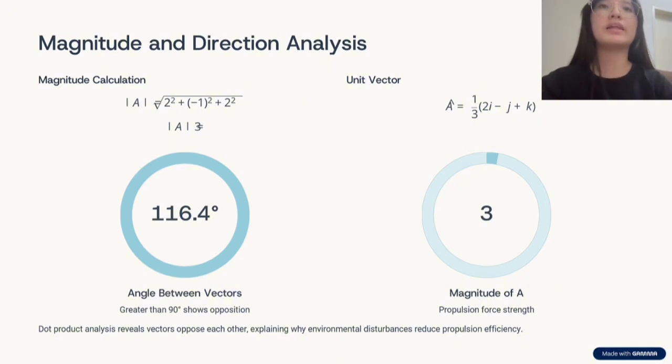It is greater than 90 and shows opposition. Magnitude of A is 3, showing propulsion force strength. Dot product analysis reveals vectors oppose each other, explaining why environmental disturbance reduces propulsion efficiency.